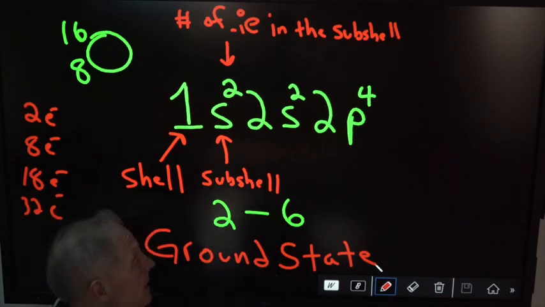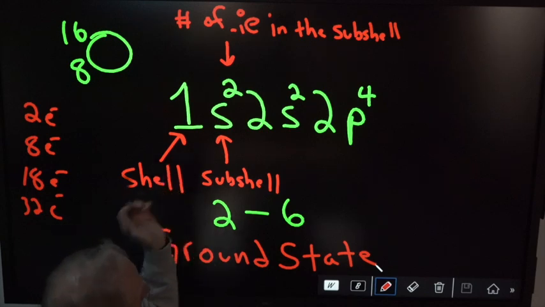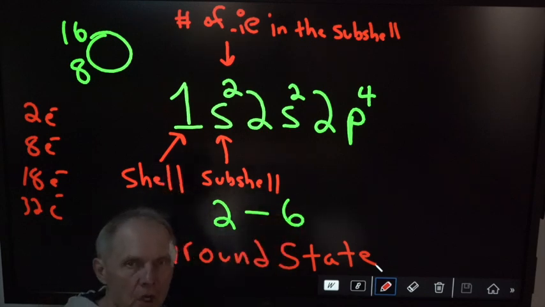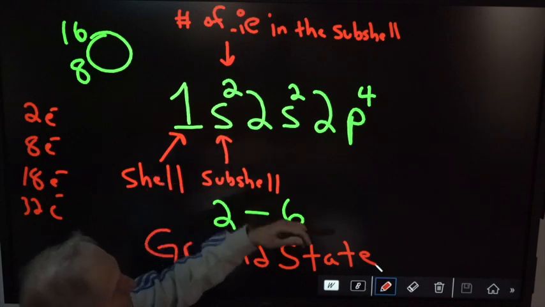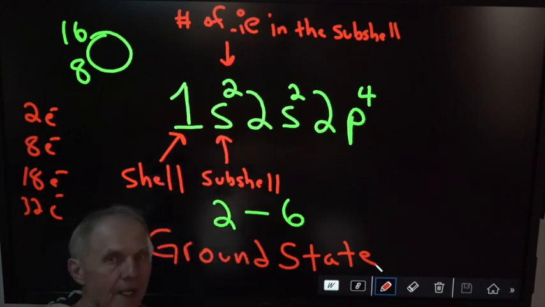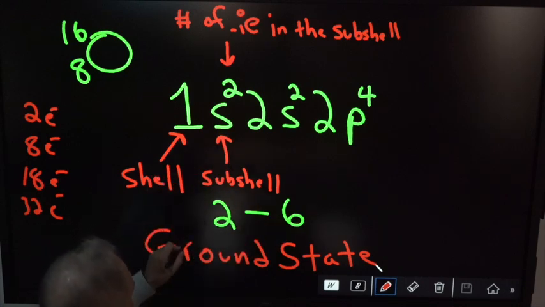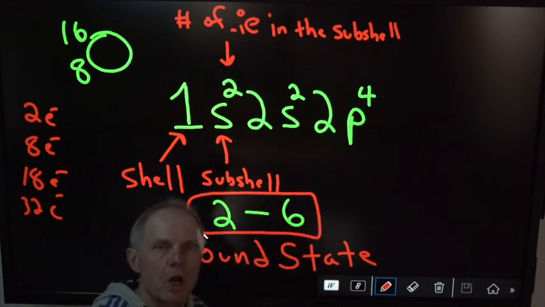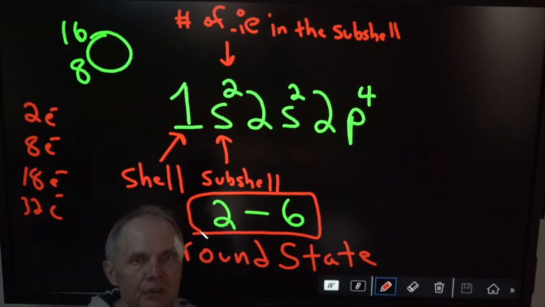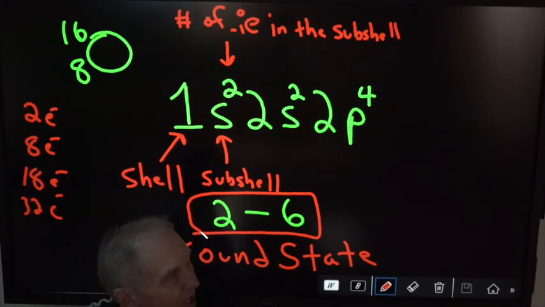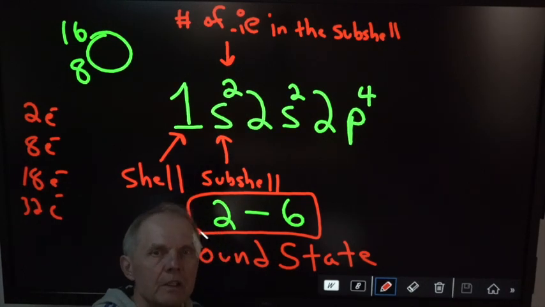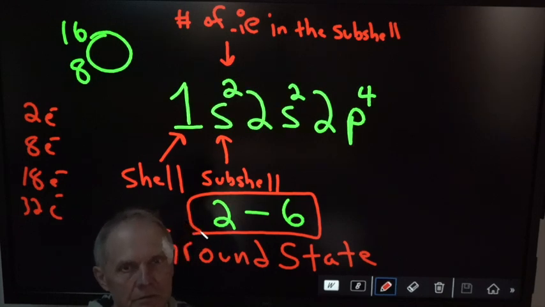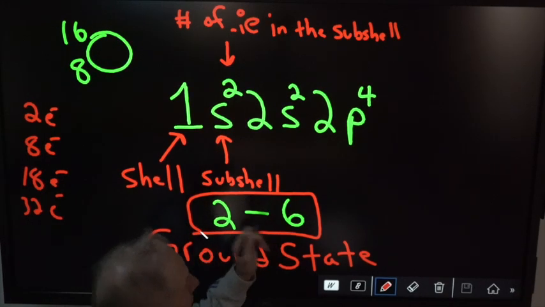Now don't forget, if I put some energy in there, some of these electrons could jump out. But we're not going to talk about that right now. We got to do a lot of these so you understand. And the cool part about it is this right here, 2-6: if you look on your New York State reference tables, this 2-6 is directly underneath the symbol for oxygen. And that's how they get the 2-6.